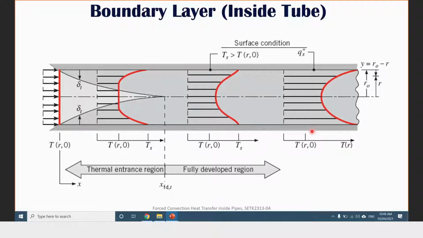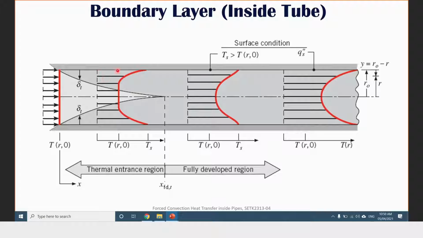The temperature profile is actually pretty much the same as the flat plate, where we consider this to be like two flat plates. What we see here is the fluid going in with a uniform temperature, and of course because the wall is heated, we will start to see a temperature profile.